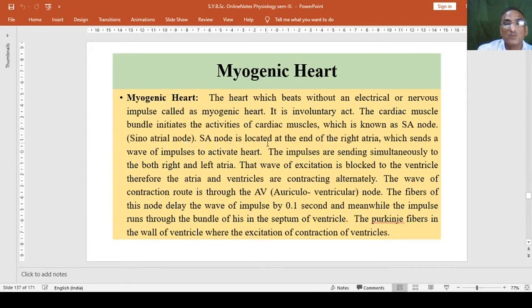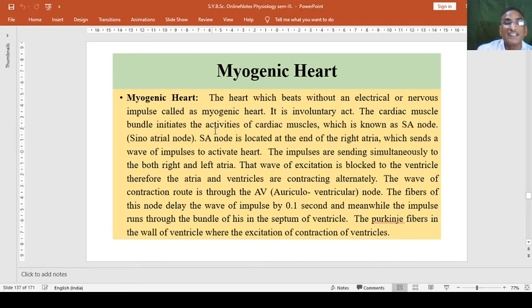The SA node is located at the end of the right atrium, or we can say in the right auricle, which sends a wave of impulses to activate the heart. The heartbeat begins from the sinoauricular node.